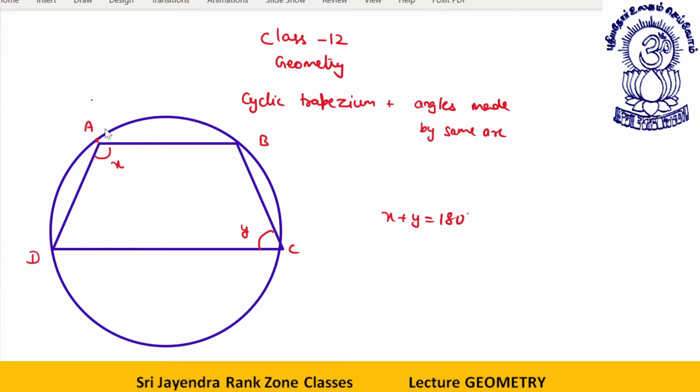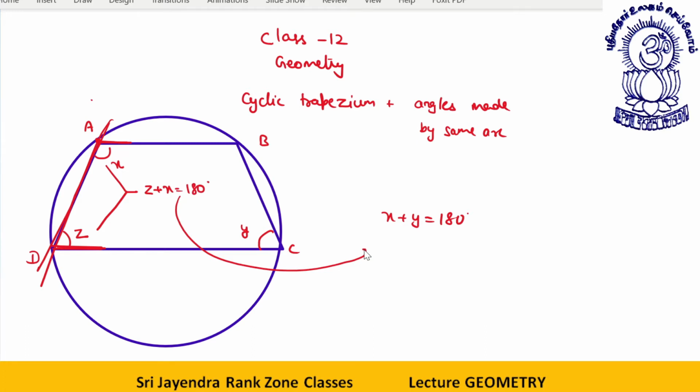But if I look carefully and I say this angle is Z, okay, what will happen, my dear students? This line, this line and this line are parallel lines. If these are parallel lines and this is the transversal, so these are the angles on the same side of the transversal. So Z plus X is equal to 180 degrees. If I put this Z plus X over here, 180 degrees is equal to 180 degrees.